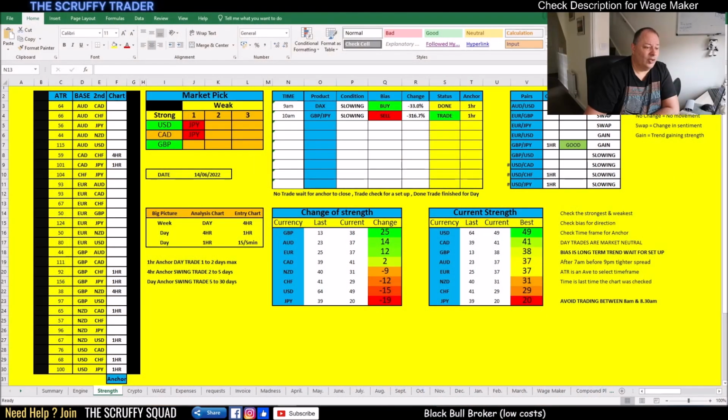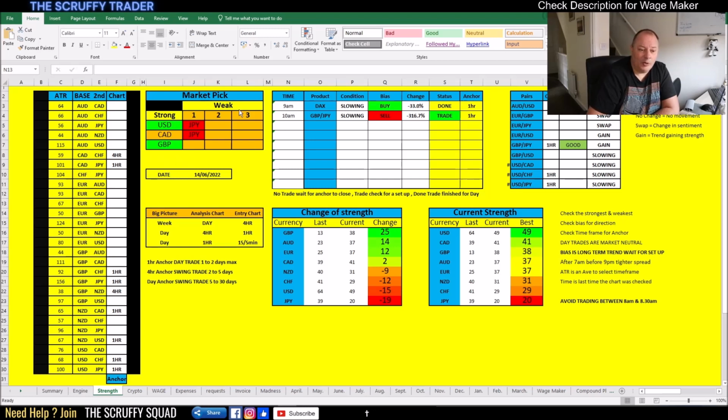So let's have a look and see where this comes from. Every morning I make this, and what I do with it is I put in quite a few different numbers that helps me work this out, and it spits out who's good, bad, indifferent.